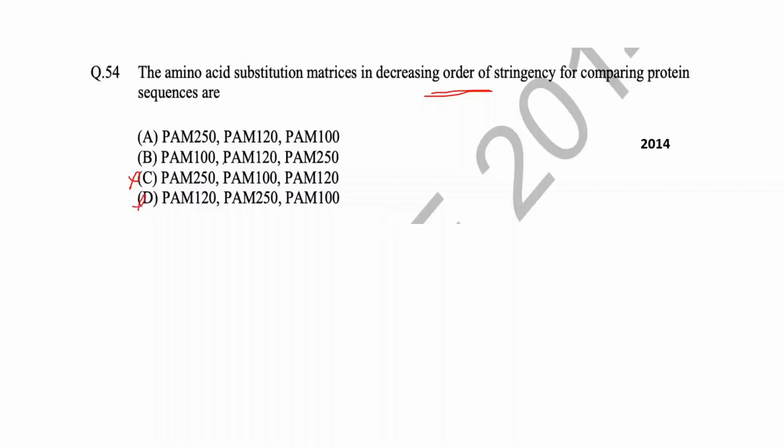Either A or B will be correct. Decreasing order of stringency means your value should go lower, because if your value is low, your sequence has that much closeness. So option B is the correct answer, because 100 has the higher closeness value, then 120, then PAM 250 denotes the more divergent sequence.